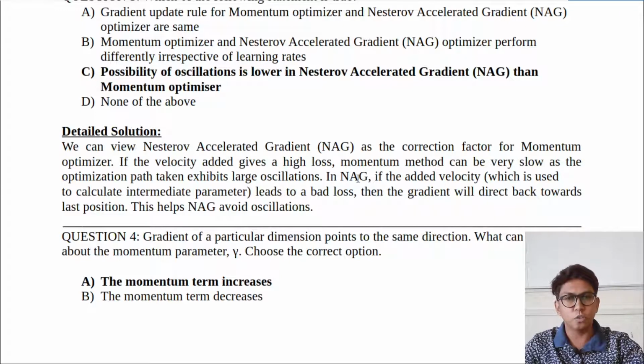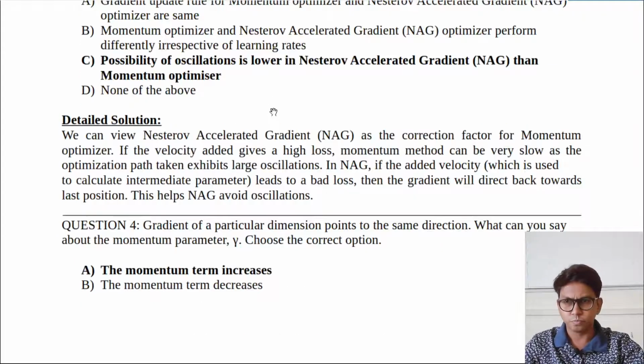But in case of NAG, if the added velocity, which is used to calculate intermediate parameters, leads to bad loss, then the gradient will direct back towards the last position. It will go to the last position, and hence this helps NAG avoid oscillations, and hence the possibility of oscillation is lower in NAG than momentum optimizer.